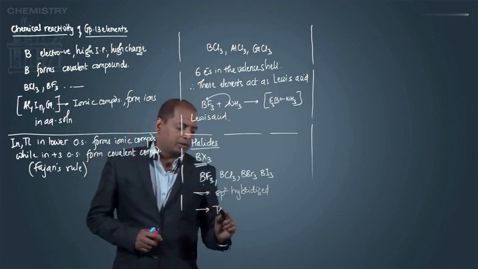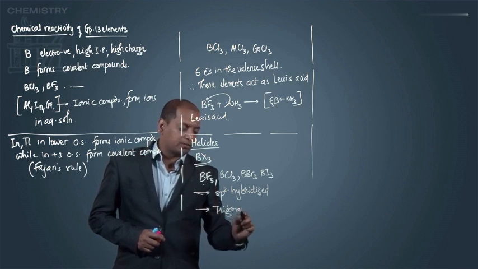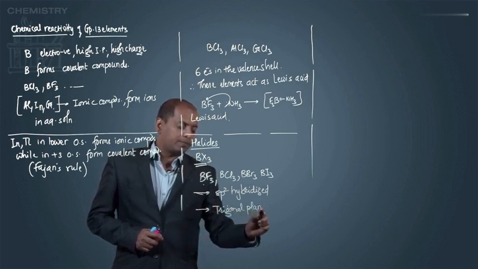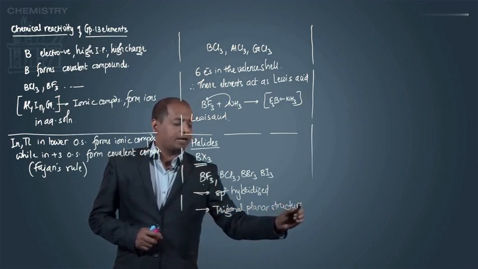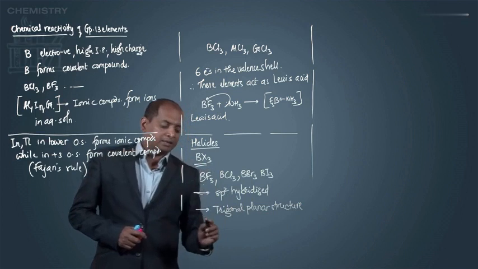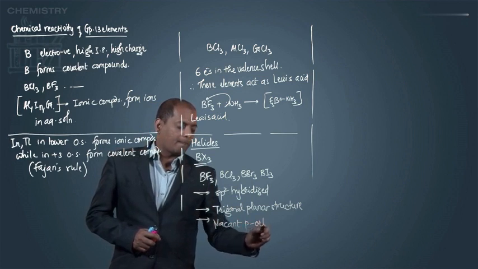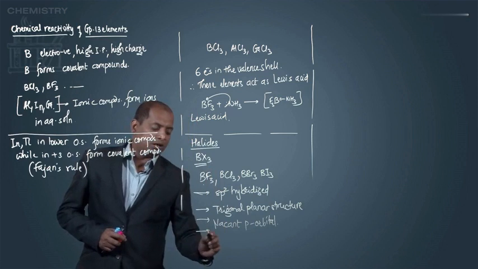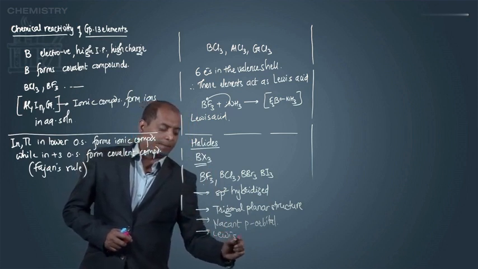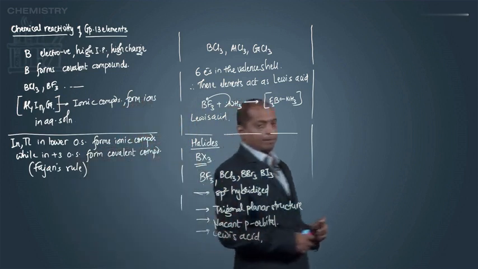So it has a trigonal planar structure. And all have a vacant p orbital, so they can accept an electron pair. And hence all are Lewis acids. All are covalent compounds again.